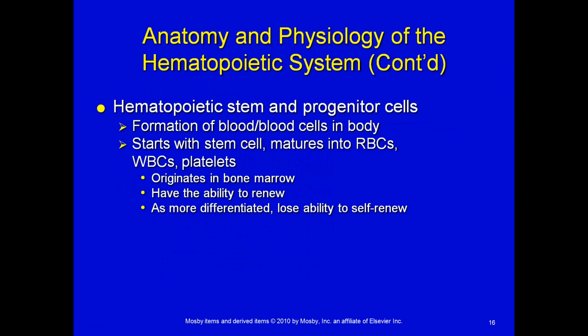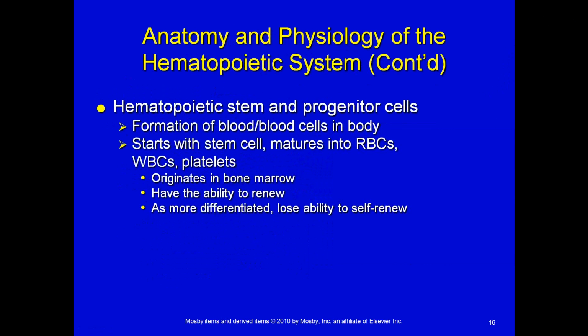The hematopoietic system and progenitor cells talk about the formation of blood and blood cells in the body. It starts with the stem cell, and stem cells come in a variety of types. As they mature, they turn into red blood cells, white blood cells, and platelets.